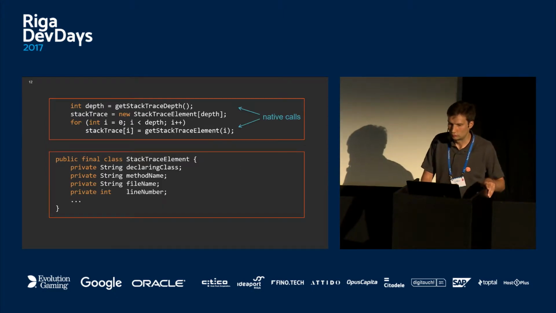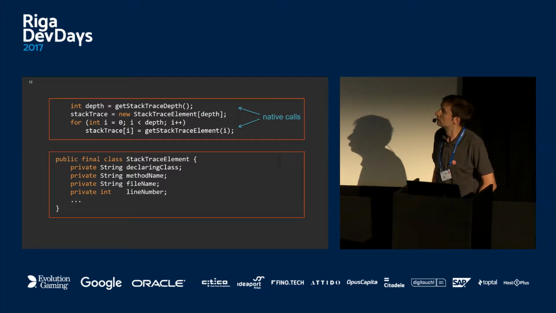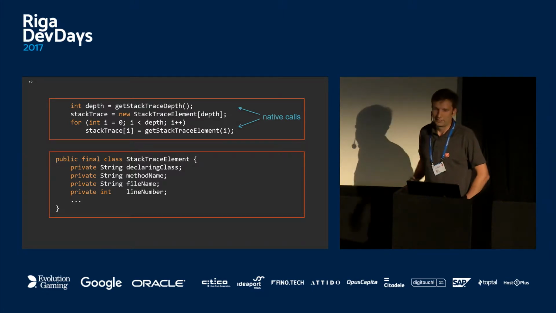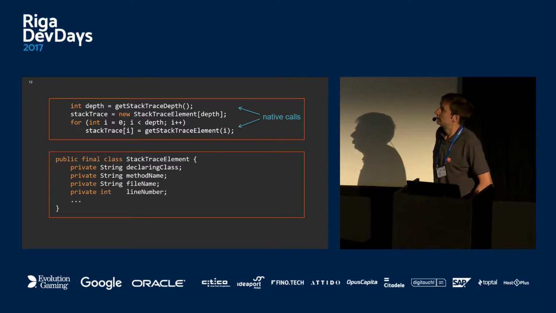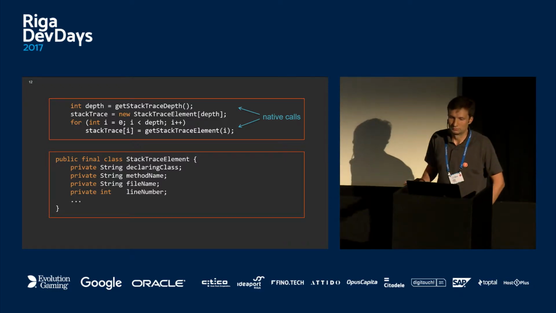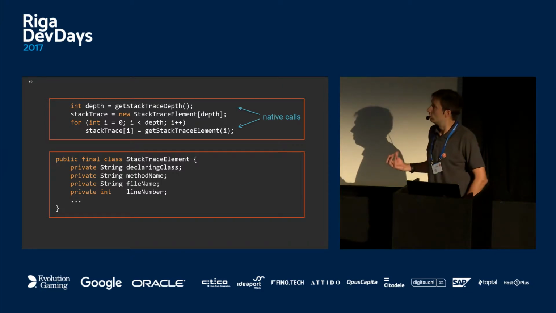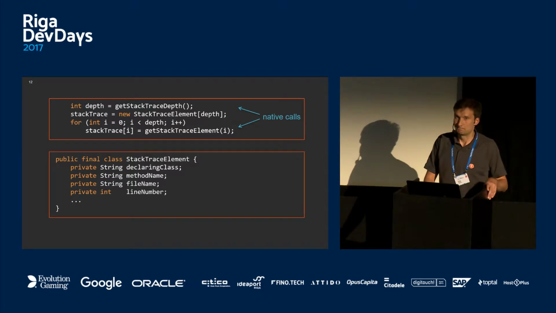Why is it so slow? Let's look into the JDK source code. Here's the implementation of the getStackTrace method. And we see here a loop, and for every frame, there is a native method call, which results in a StackTraceElement object creation with a number of fields.